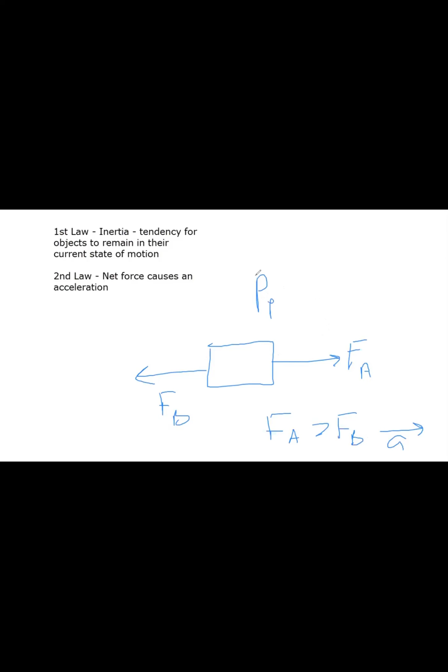And if FB is greater than FA, the acceleration will be to the left. So that's essentially what we're being told here with Newton's second law. Depending on which force is bigger, the acceleration is going that direction. And it allows us to solve for those things.